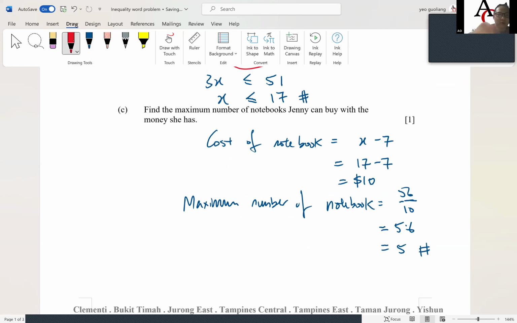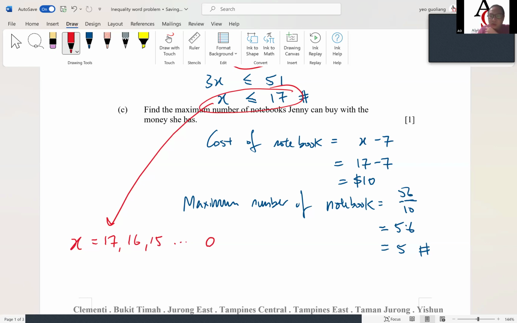But take a look at it. The inequality tells you that x is less than or equal to 17, which means x can be 17. We are going to explore this, right? X can be 17, 16, 15, all the way until 0, less than or equal.